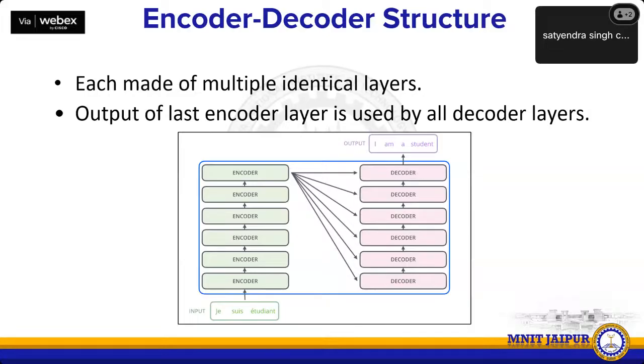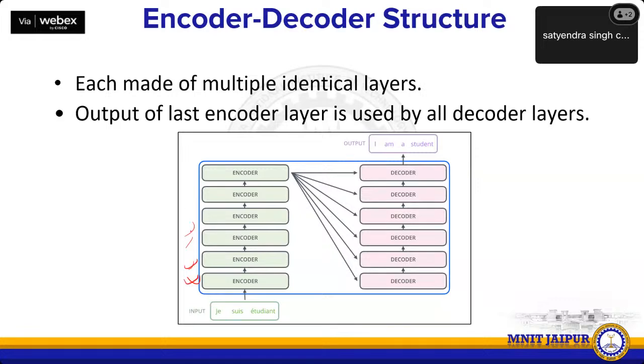So on the encoder side, the transformer architecture is built on a stack of encoders. So there are multiple encoder layers, and this encoder processes the input sequence through the multiple layers.